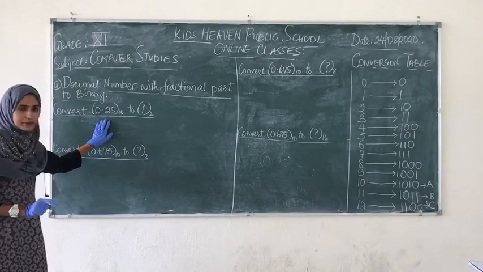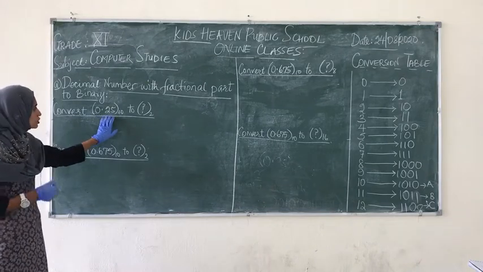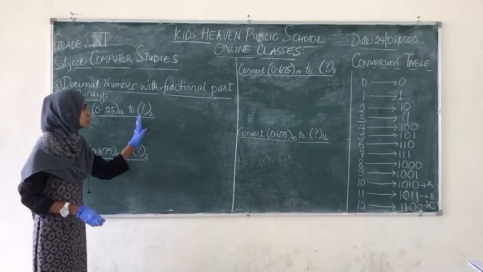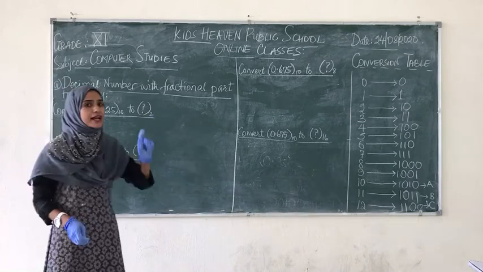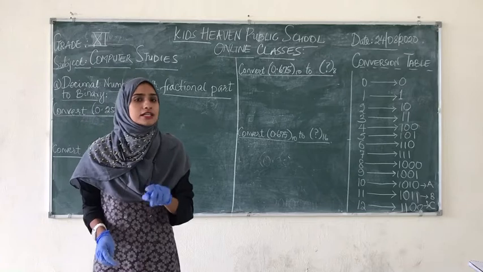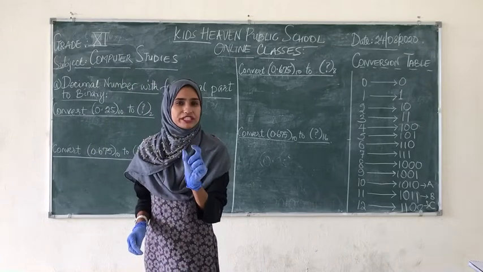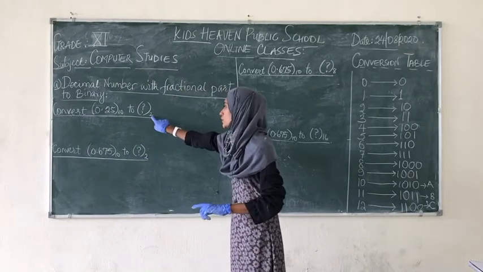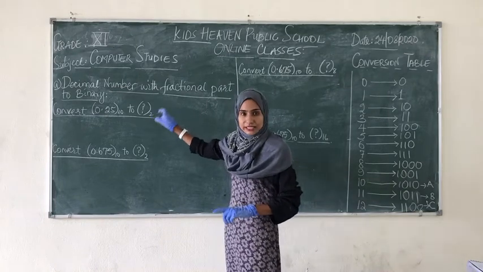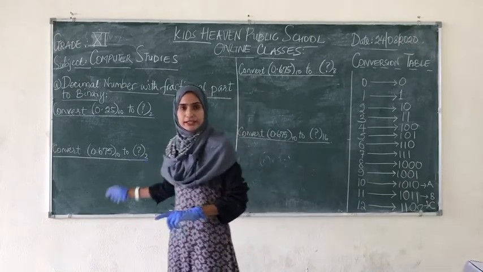This is a number in base 10, 0.25 base 10. We are to convert this to a number in binary which has a base of 2. Therefore, during the calculations, the multiplication will be done using the base of 2. Not any other number but 2, because we are converting to a binary number.